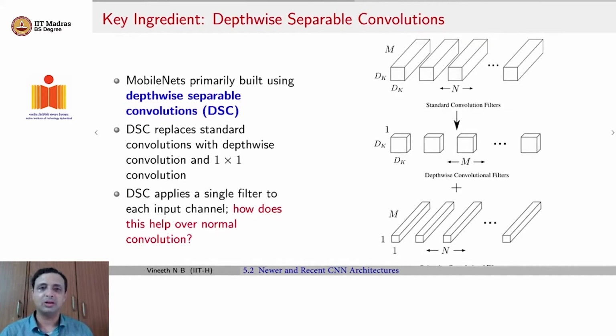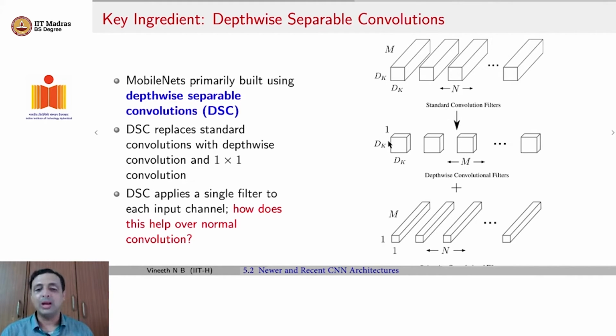The key ingredient of MobileNets is one of the variants of convolution that we talked about in the first lecture this week, which is depthwise separable convolutions. In the standard way of convolving, you would do a dk cross dk cross m convolution and n such filters.